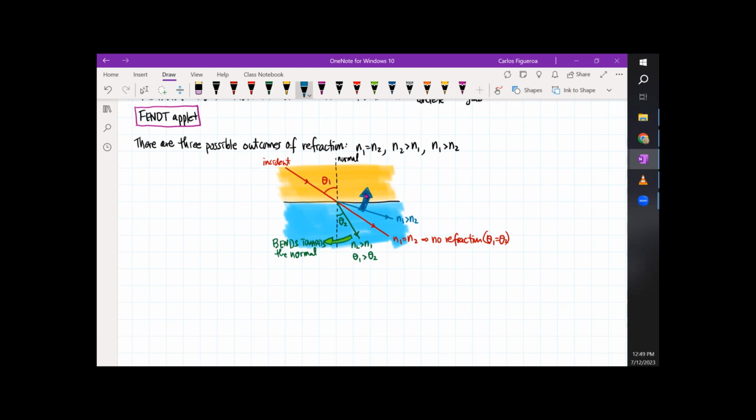So then I have to define a new angle. I'm going to call that angle theta 2 prime. That tells me that theta 2 prime is now greater than theta 1. All of the angles are measured relative to the normal. So we say that this bends away from the normal.